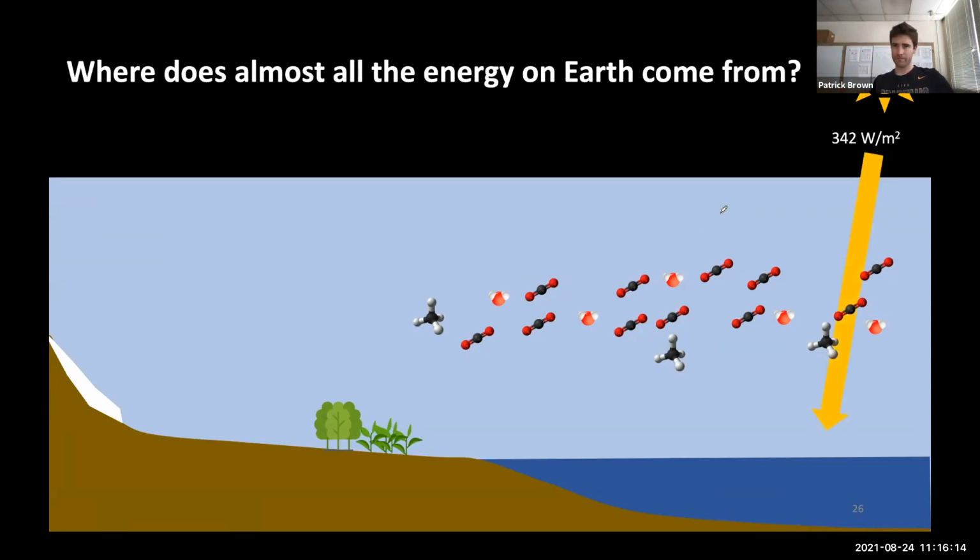And you saw this number in the diagram in the reading, 342 watts per square meter. That's how much energy is hitting the Earth's surface, averaged over day and night and averaged over the entire surface of the planet. So that's like thinking of 300 watt light bulbs per square meter, so per roughly 9 square feet. And whenever you see arrows in my slides, that's almost always a flow of something.